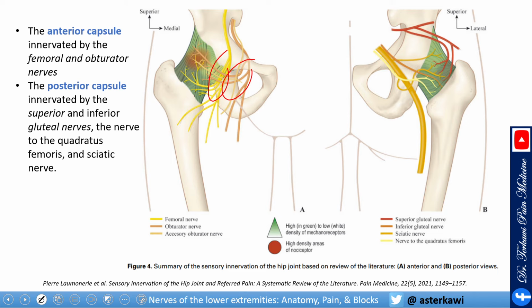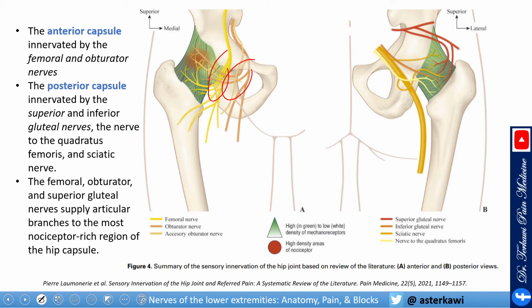When we look at the posterior capsule, it is innervated by the superior and inferior gluteal nerve, a branch of the quadratus femoris, and a branch from the sciatic nerve.